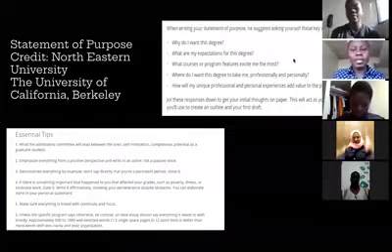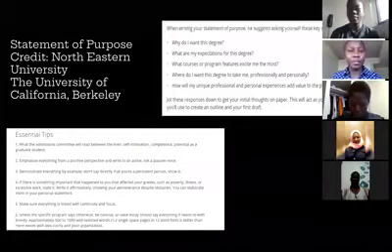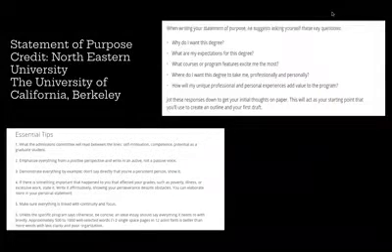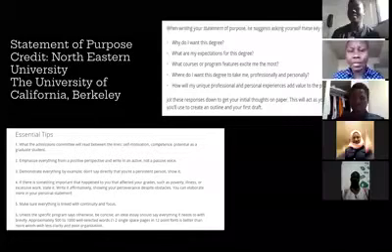Okay, as I mentioned, these are some of the statements of purpose that we took from these great universities. The first one is from Northeastern University's website, and the second one is from the University of California, Berkeley. The first one tells you what you have to consider when drafting your statement of purpose. Something like, why do I want the degree?